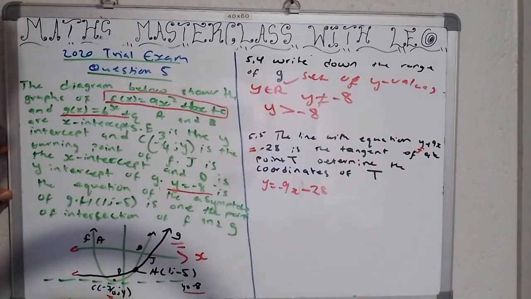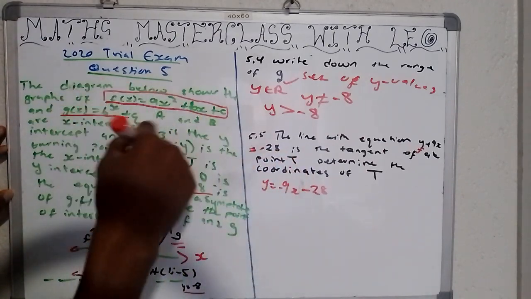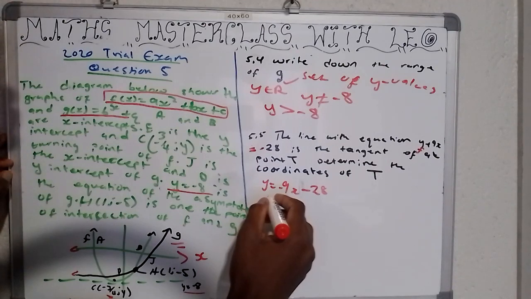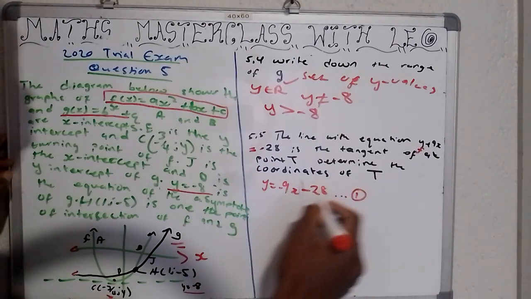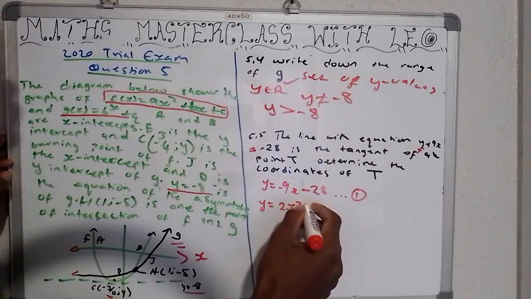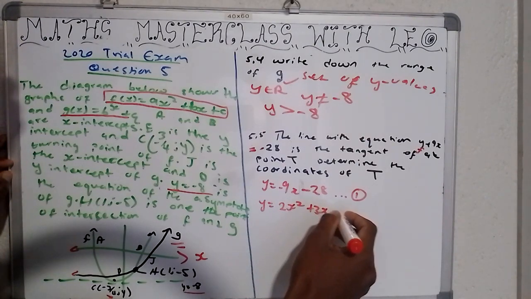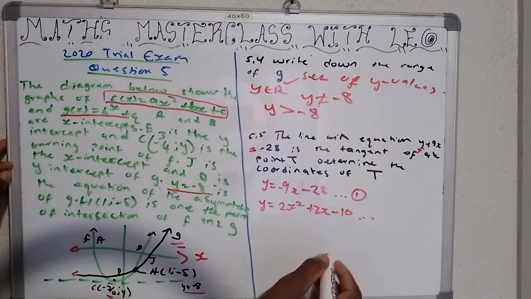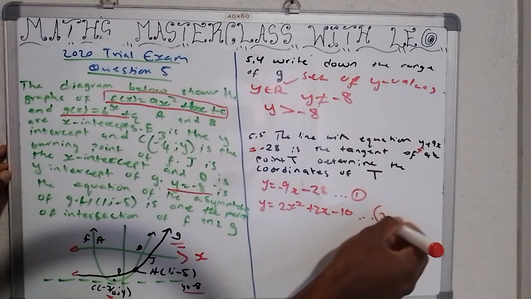What am I going to do now? My original equation, I got the value of a, the value of b, and the value of c. So this is my first equation. My second equation, I have y is equal to 2x squared plus 3x minus 10. This is equation 2.